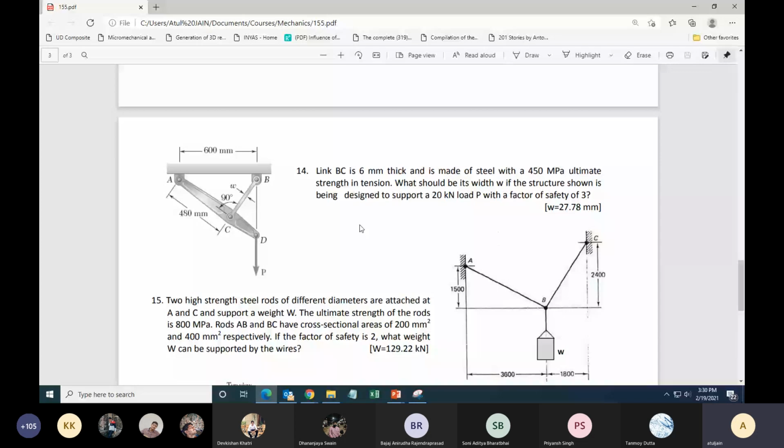BC is a 2-force member, and then you can calculate the width W. Anybody who could not do this problem?